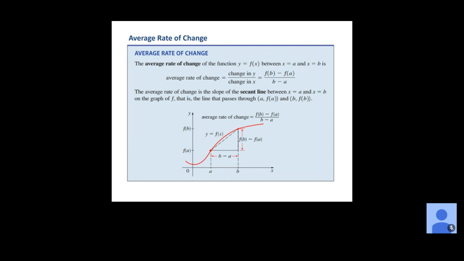If I have 2 points on my graph and I draw a line through those 2 points, that's what we call a secant line. And so our average rate of change is the slope of that secant line between those 2 points on our curve. And that terminology, secant line, will come into play if you go on to take calculus down the road. But for right now, just keep in mind we're just finding a slope between those 2 points.